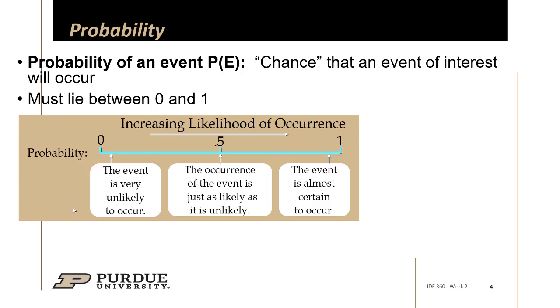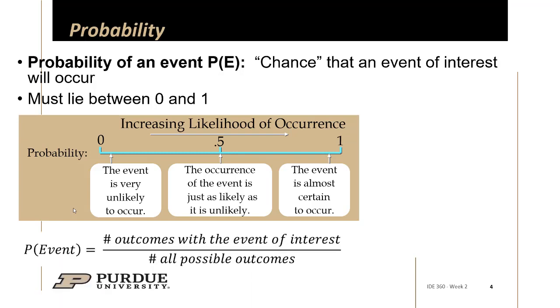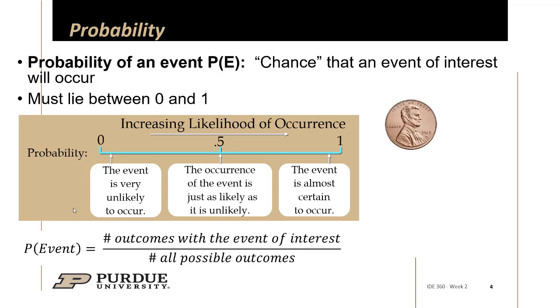So, in short, probability becomes the chance that an event of interest will occur, and it will have a value between 0 and 1 because it's calculated by the number of outcomes with the event of interest over all possible outcomes. Of course, the closer to 0 that this value is, the less likely that the event will occur, and the closer to 1, the more likely that it will occur.